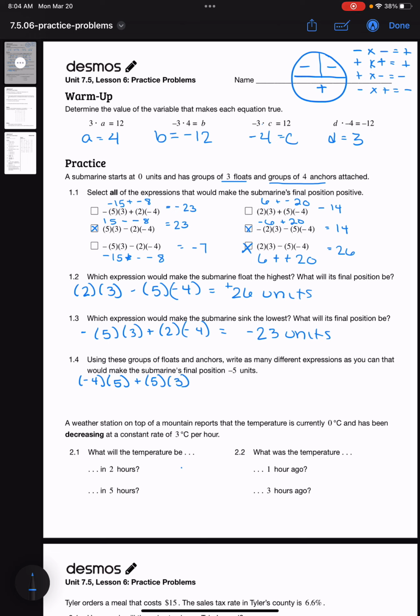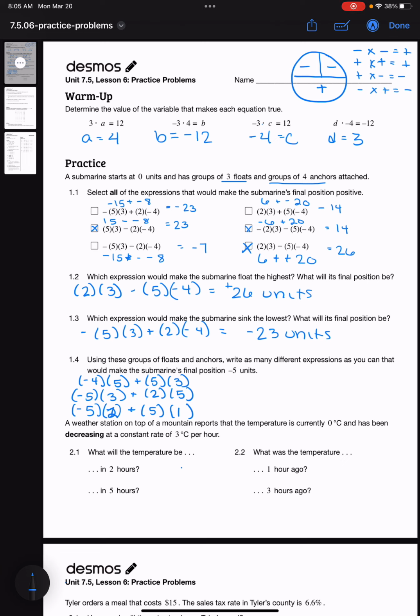I could do negative 5 times 3 is negative 15 plus 2 times 5. I could do negative 5 times 2 is negative 10 plus 5 times 1. And there's probably so many different responses for this. These are just a couple of examples.